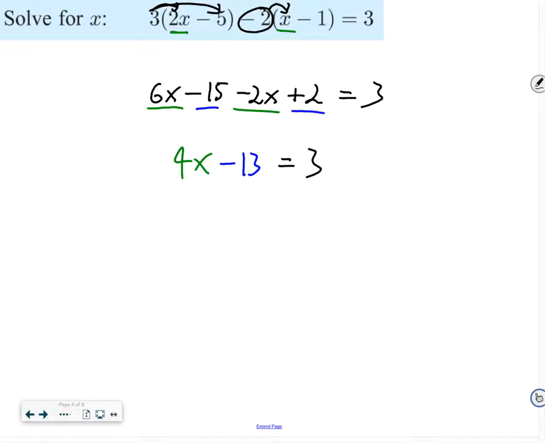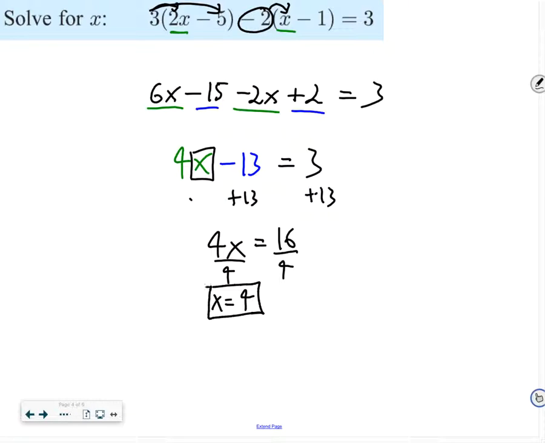Now, as I did before, I'm going to undo things to get x by itself. The opposite of subtracting 13 is to add 13 there and add 13 here. Now I've created a simpler problem, 4x is equal to 16. Divide by 4, and I get x is equal to 4.